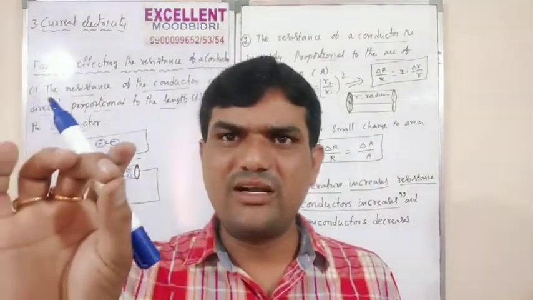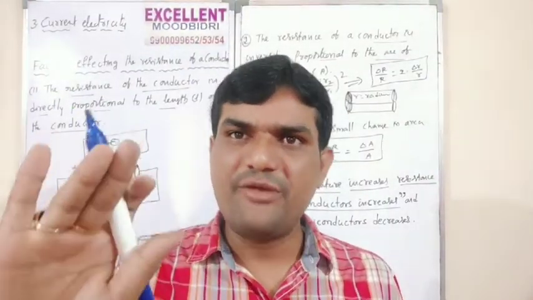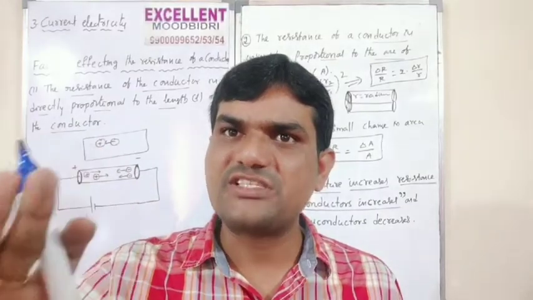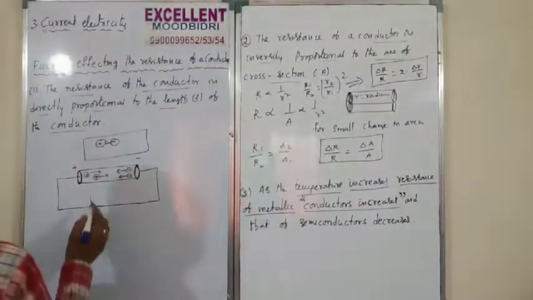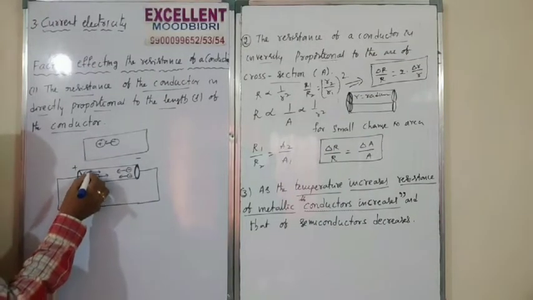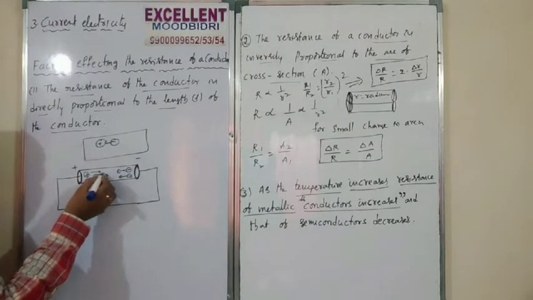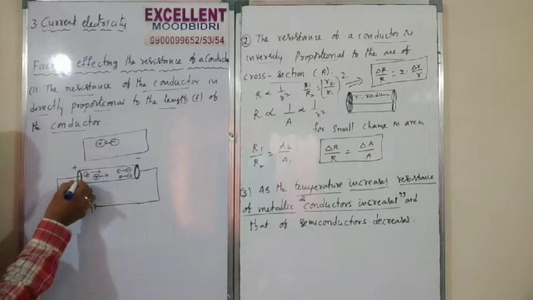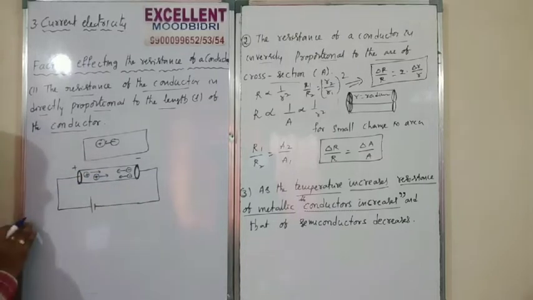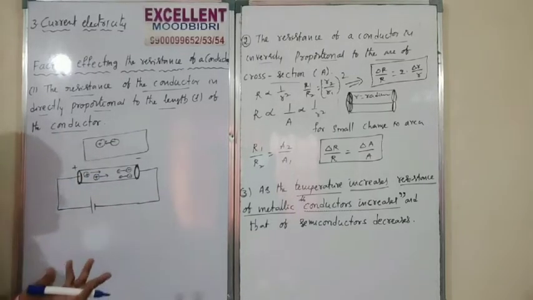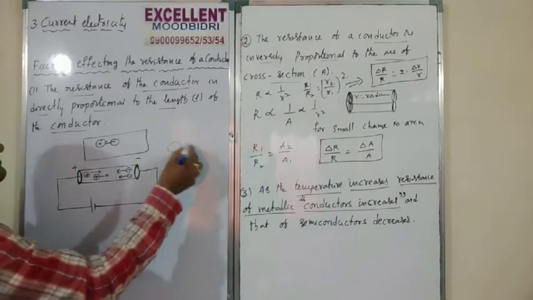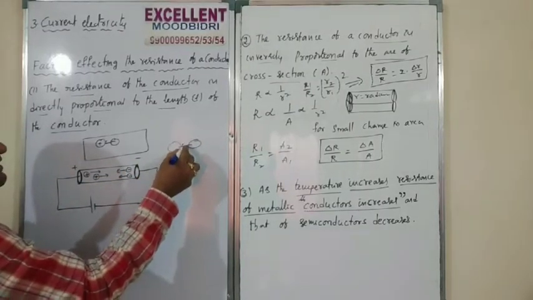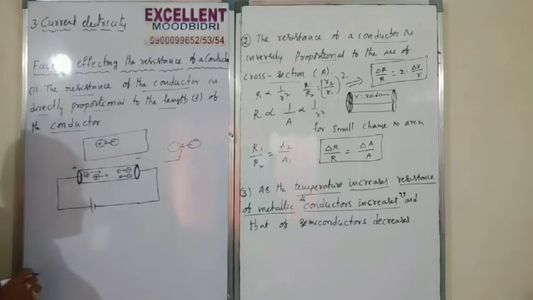At a normal temperature, the vibration of molecules is less. So this vibration is very less. Therefore, these electrons can hit here, and again go like that only. So the relaxation time is less.